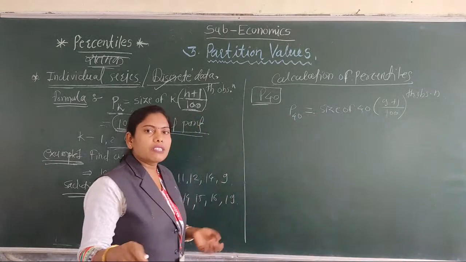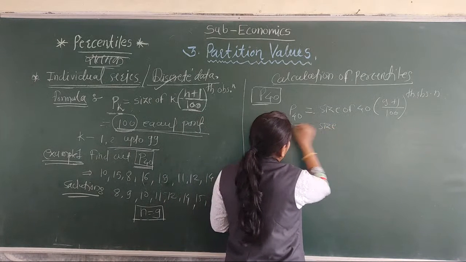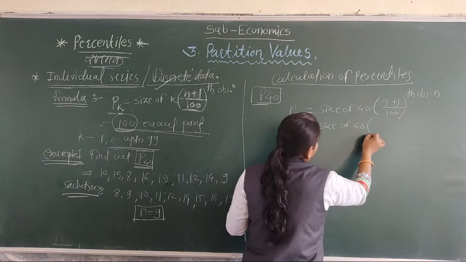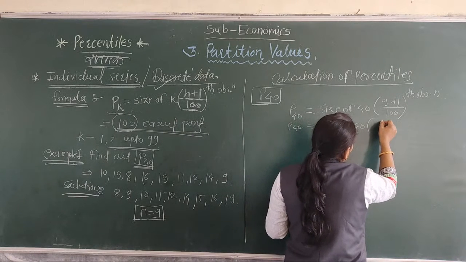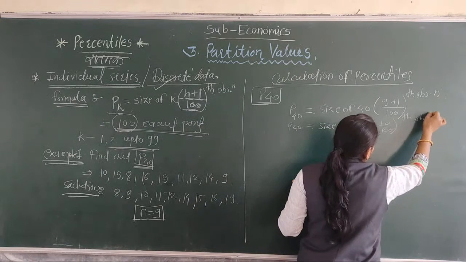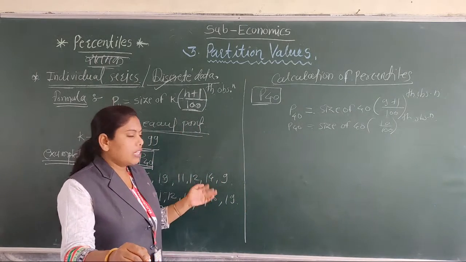Then calculate this formula. Again, size of P40 is equal to size of 40 into bracket 9 plus 1, which is 10, divided by 100, observation.